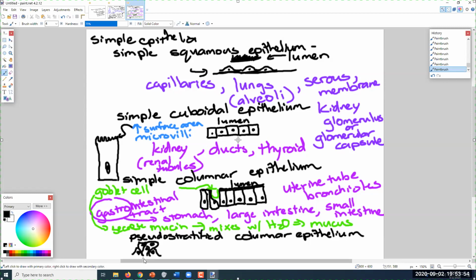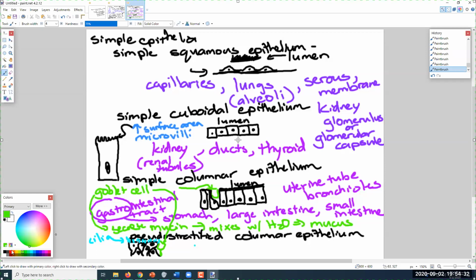And I don't know if you remember, there were these little structures that come off of it. What are these structures that come off of this and move the mucus? Yeah, very good. It is the cilia, okay? So you'll see these cilia, and you'll still see some goblet cells because they do end up making mucin again, okay? So there's still going to be some goblet cells here as well.